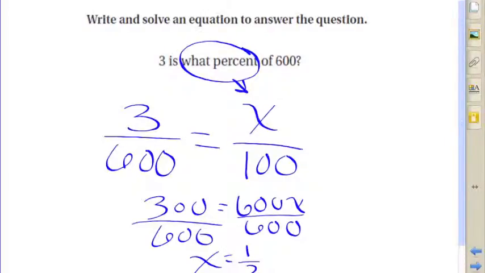So 0.5 percent is the answer. In other words, 3 is only 1/2 of a percentage point of the number 600, which makes sense because, after all, 6 would be 1% of 600, so therefore 3 would be 0.5%.